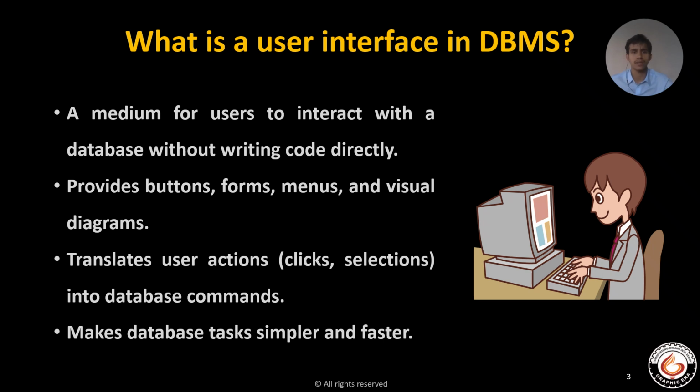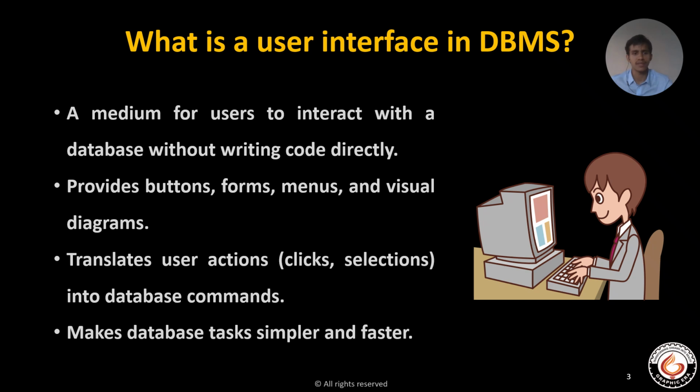When you click something, let's say a button on a user interface, some action definitely is going to be performed in the backend. Your click will get converted to some command, and that will then run in the database. Typically, most user interfaces provide buttons, forms, menus, and visual diagrams.